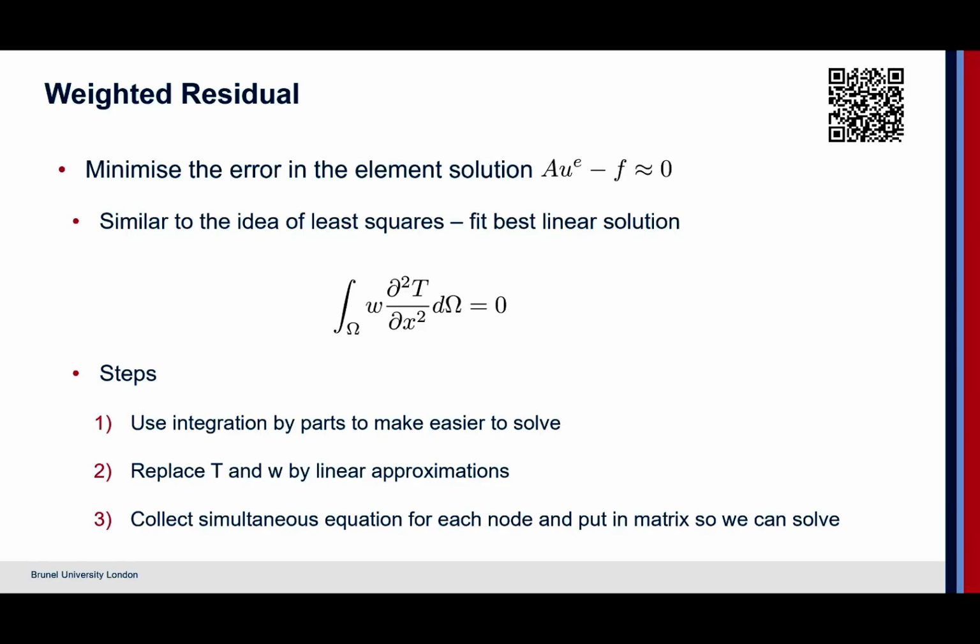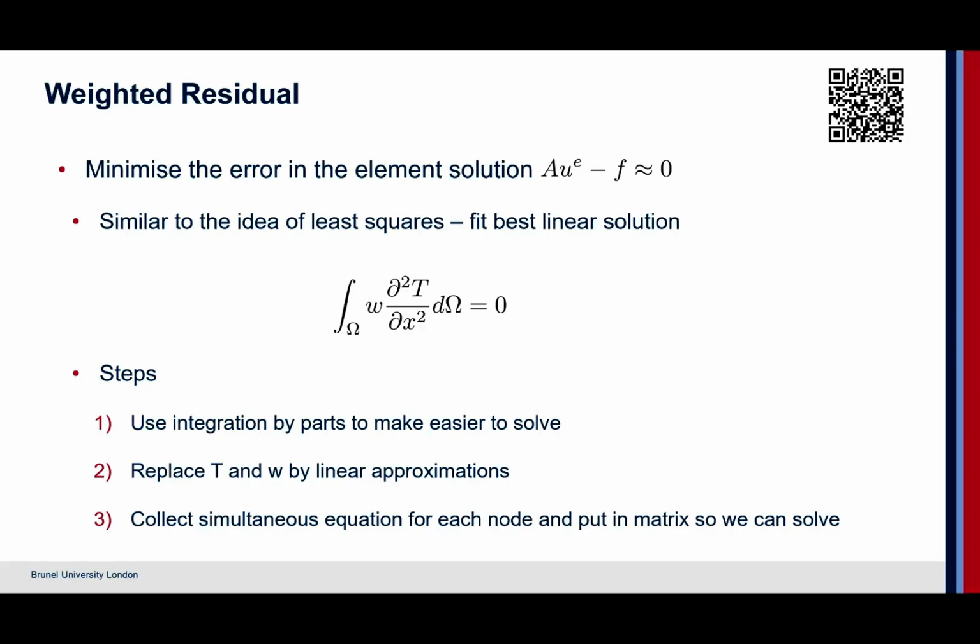Now, if you go to any textbook, this is typically the methodology they use. You can try to do it directly, but for this problem, it makes it easier, and it has nice advantages in terms of the link between the various elements. What we're then going to do is replace the weighting function, W, and the expression T with those linear approximations we've derived.